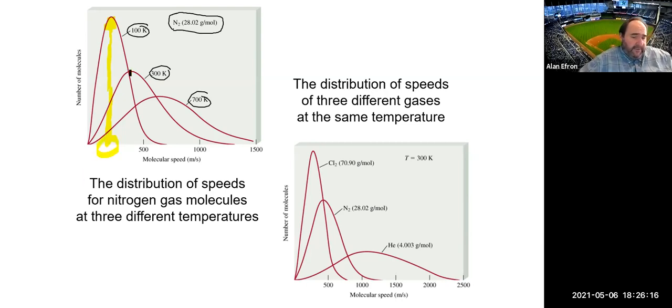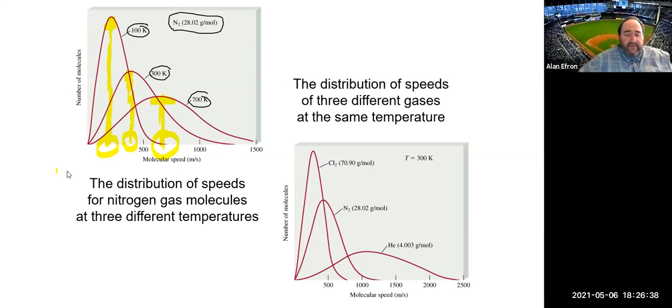We increase the temperature a little bit to 300 and come straight down. Very badly done here. We do see that the average speed there is in this range. We increase the temperature even more to 700, taking the peak here. We see that again, as the temperature increases, the speed increases.